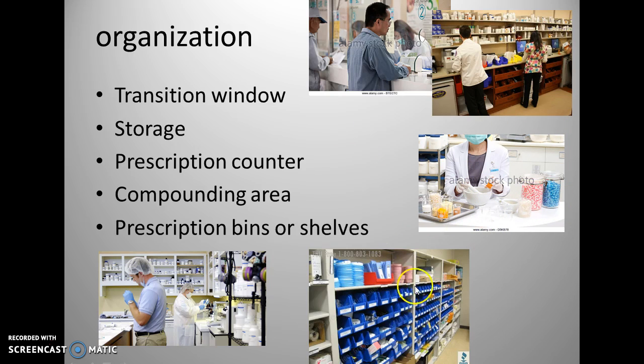And then here you have what's called prescription bins and shelves. Completed prescriptions are generally placed in bins or shelved, alphabetized by the customer's last name. So basically, in all community pharmacies, you see this type of organization.